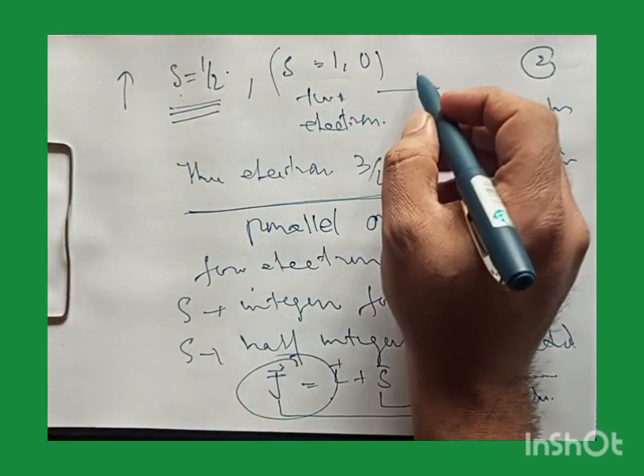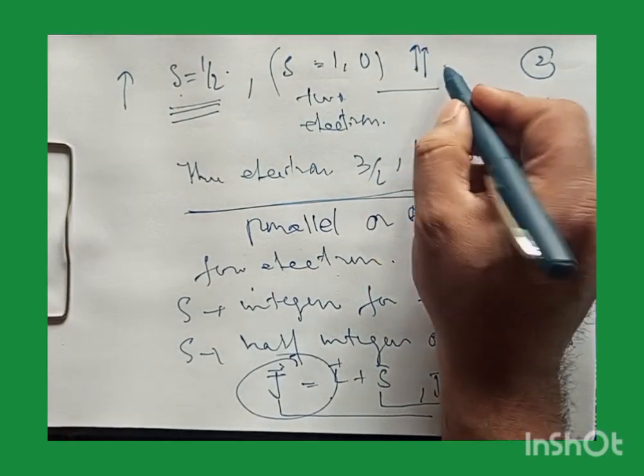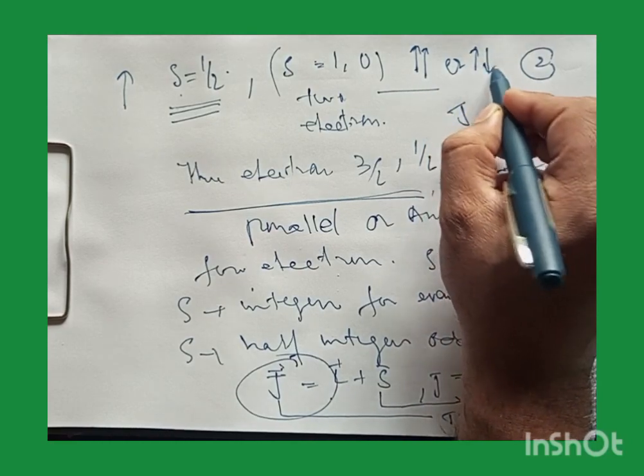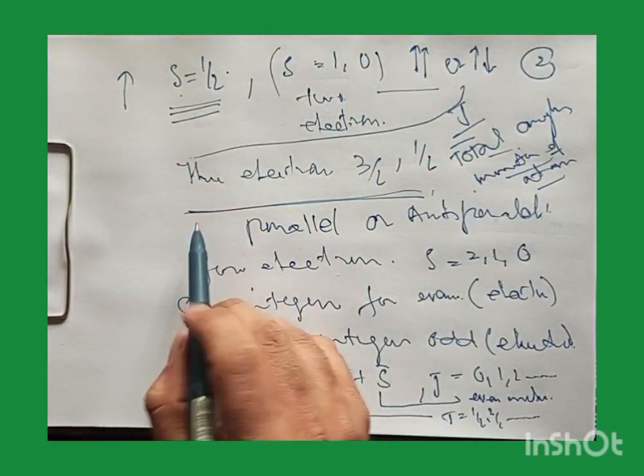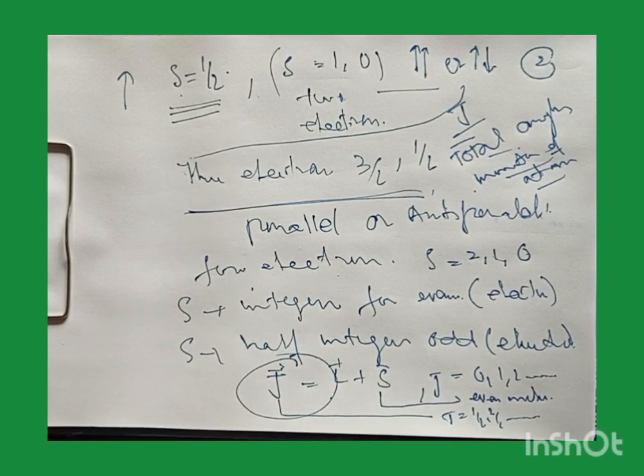If we have two electrons, we have a possibility of two spins in the same direction, or we can have anti-spins. The same story goes with the three electron system, four electron system, and n electron system. And finally, we will have even-odd situations. If we have an odd number of electrons, J will have a fractional value, and if we have an even number of electrons, J will have its direct integral values.